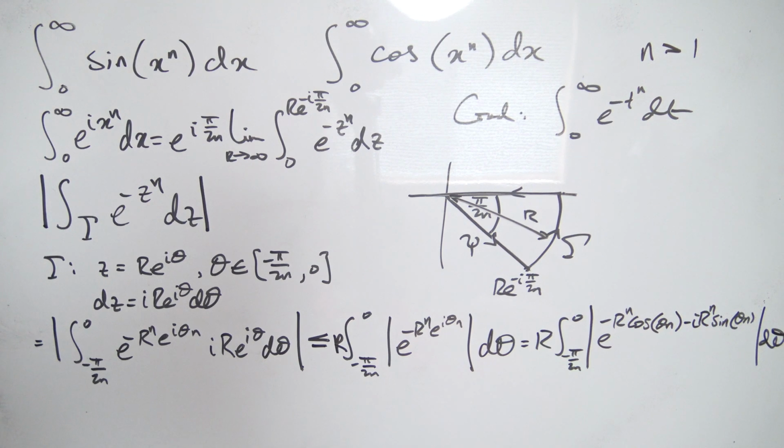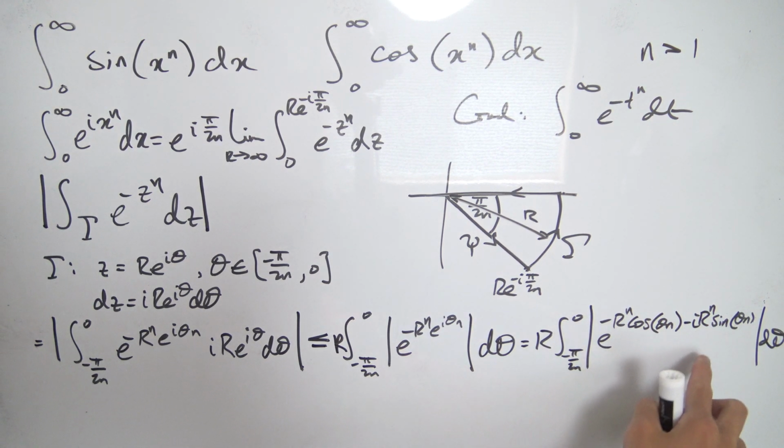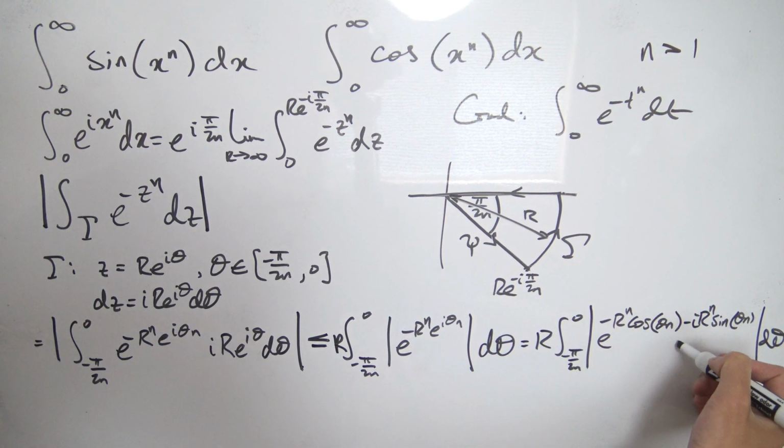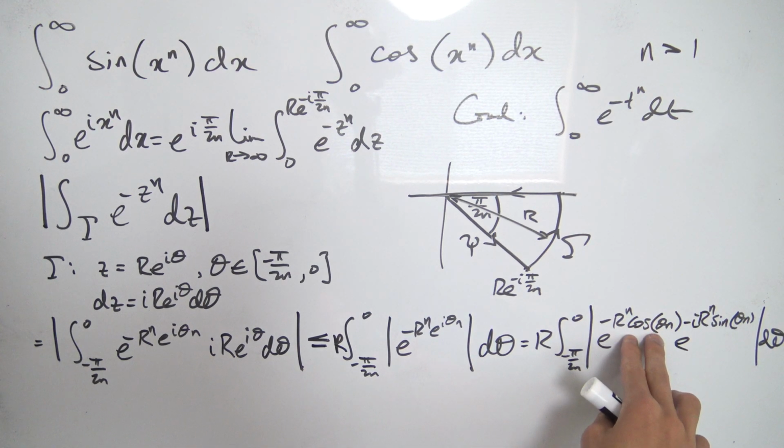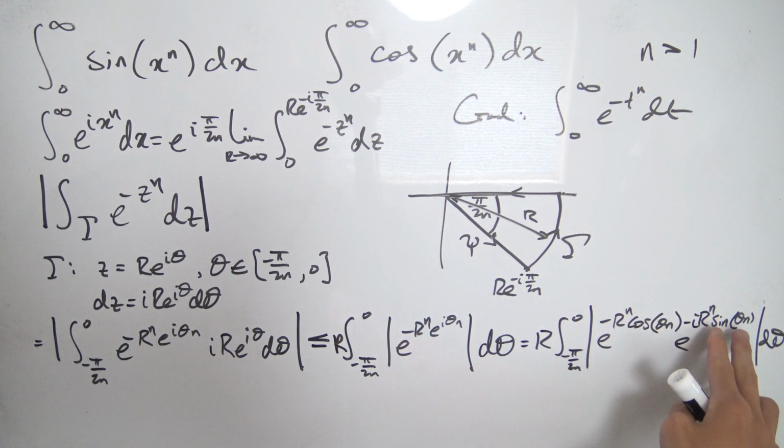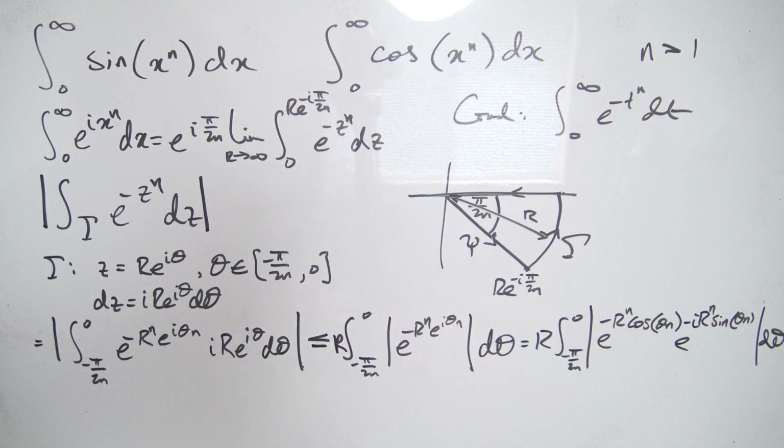Alright, and now I want to split this exponential up because we have e to the something plus something. So we can use that multiplicative identity to say that it's the same thing as e to the first bit times e to the second part, like so. And since we have the product of two things, we can split up the absolute values a little bit.